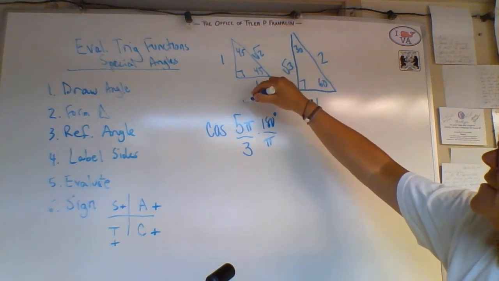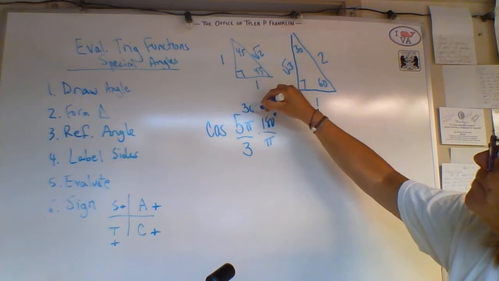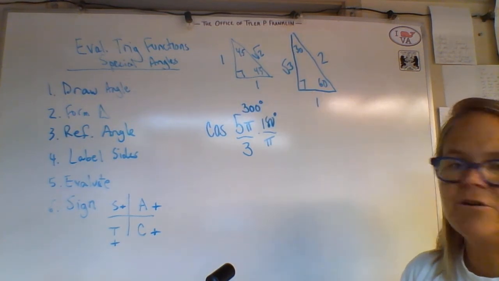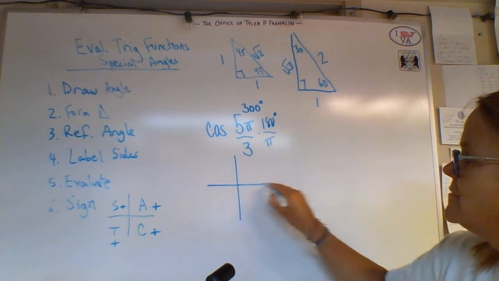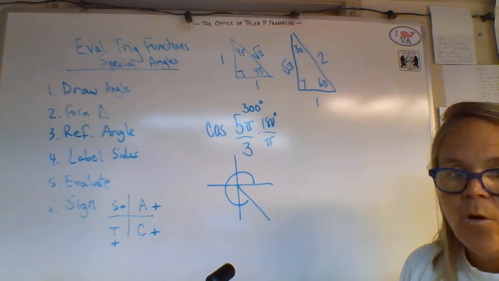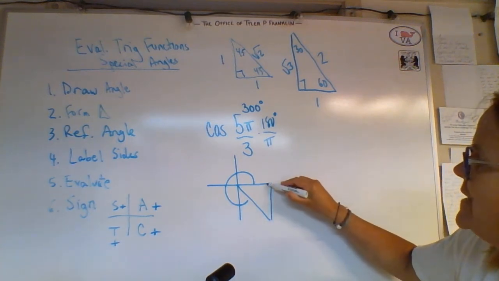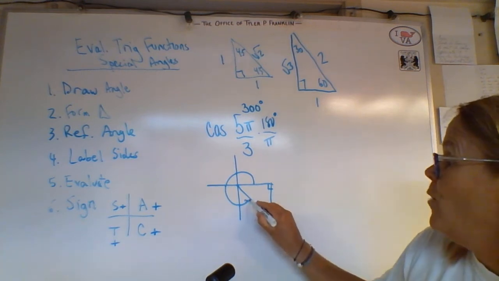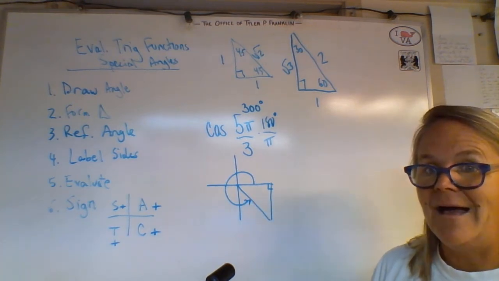That is 300 degrees. Draw it. That quadrant. Form your triangle. Connect to the x. Reference angle. Well, remember the reference angle is by the x-axis.